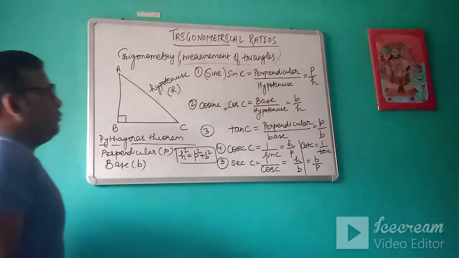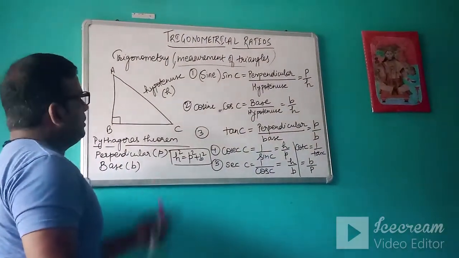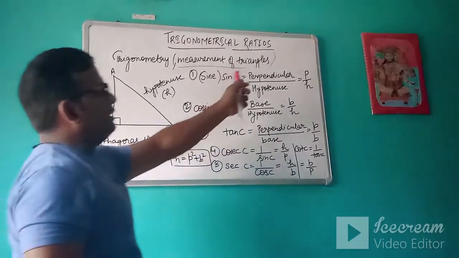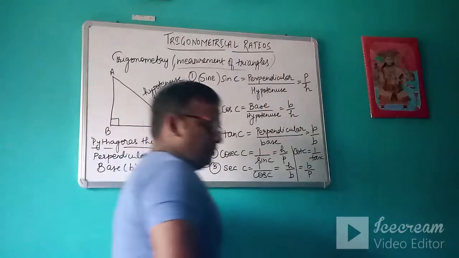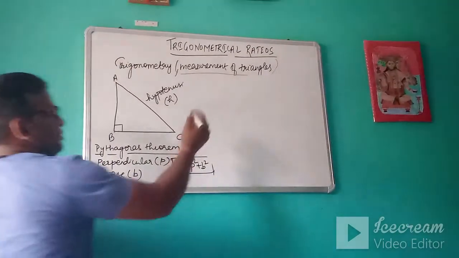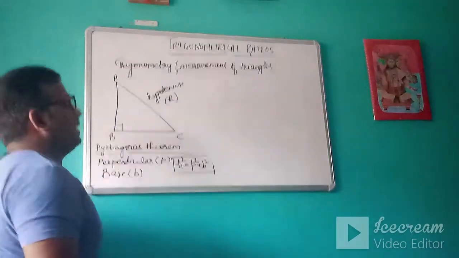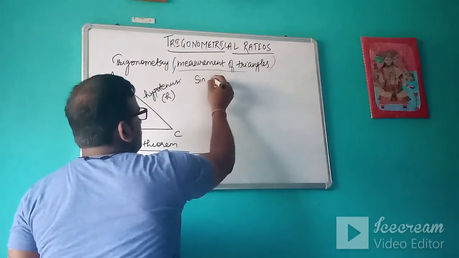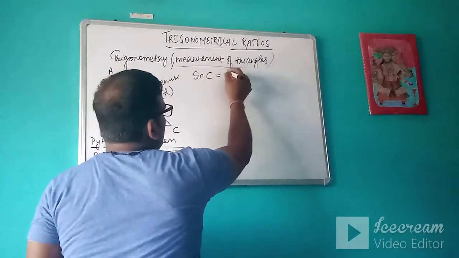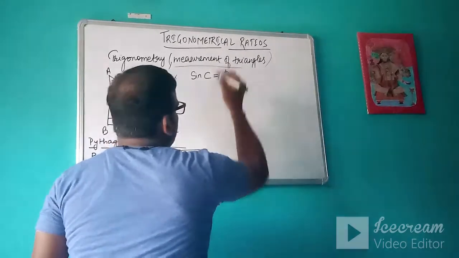Now we will try to apply these trigonometric ratios in this triangle, and we will understand what is the meaning of perpendicular and what is the meaning of base. Let me pick one trigonometric ratio, sine of C, that is p upon h.